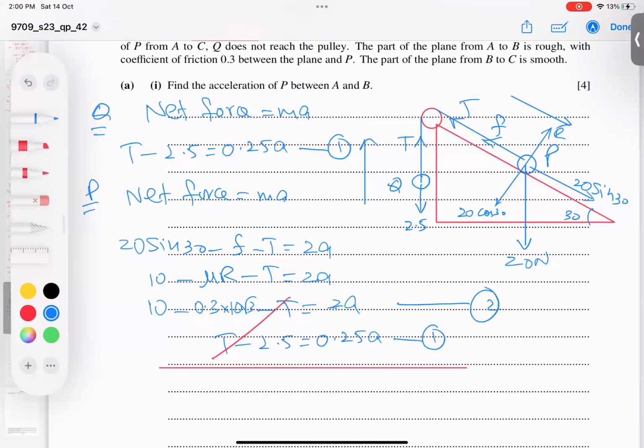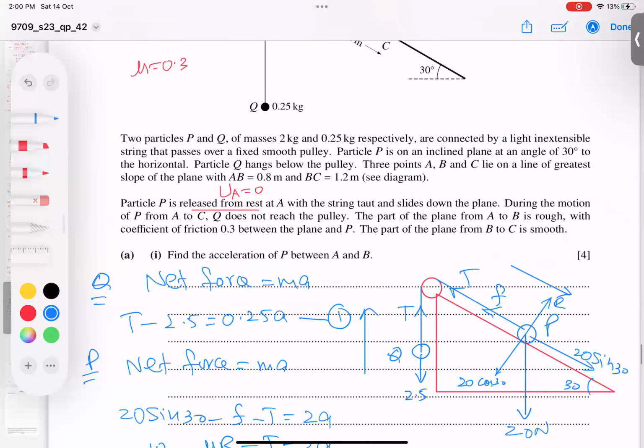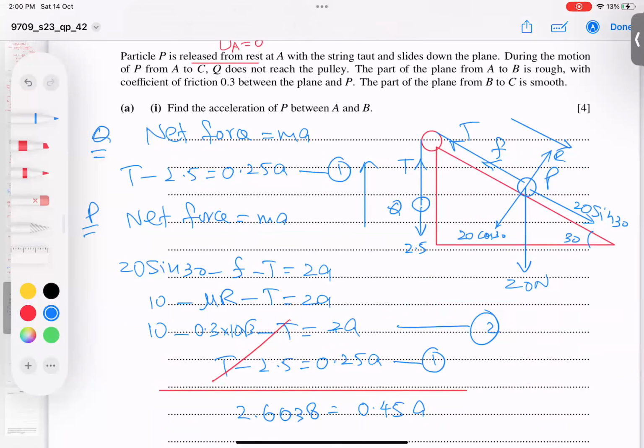It is coming 3 root 3 minus 2.5. Yeah, it is giving us 2.6603. And here I'm getting 0.45. Okay, and divided by 0.45. And hold on. 0.25. Yes, 0.25.